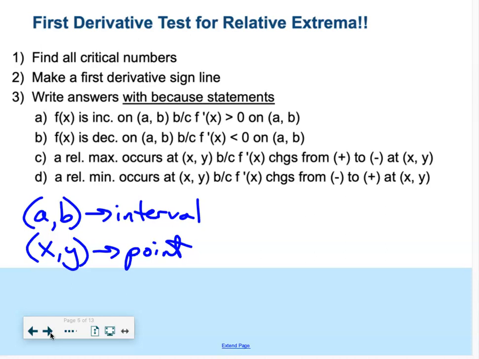So if you say it is increasing, or if you say F is increasing from 3 to 5 because it is positive, or the sign is positive, or anything that is not the name of what you're talking about, we have to assume you don't know what you're talking about, and we're going to take off the points. So please, no pronouns. Write it exactly: F is increasing because F prime is positive.